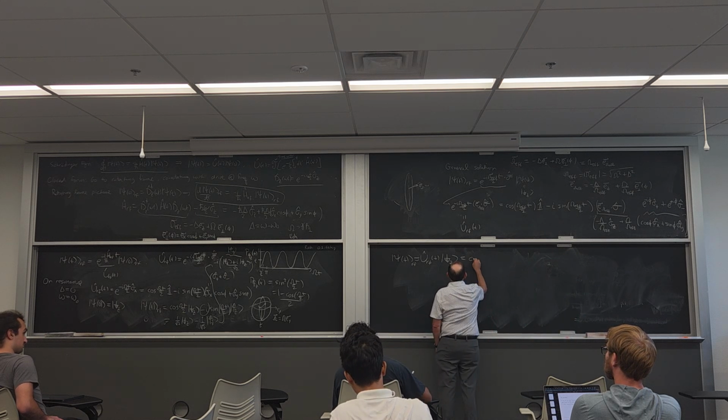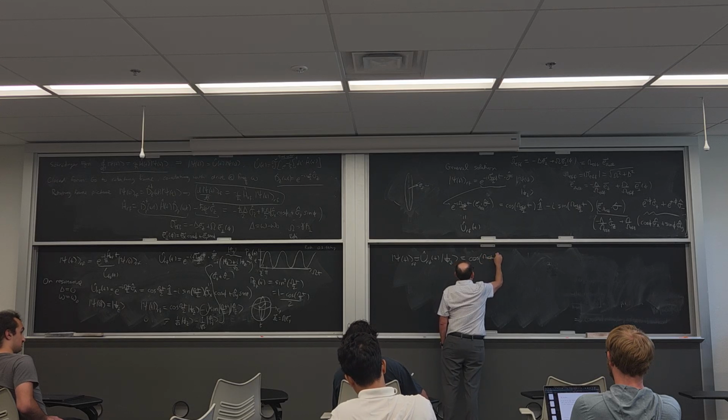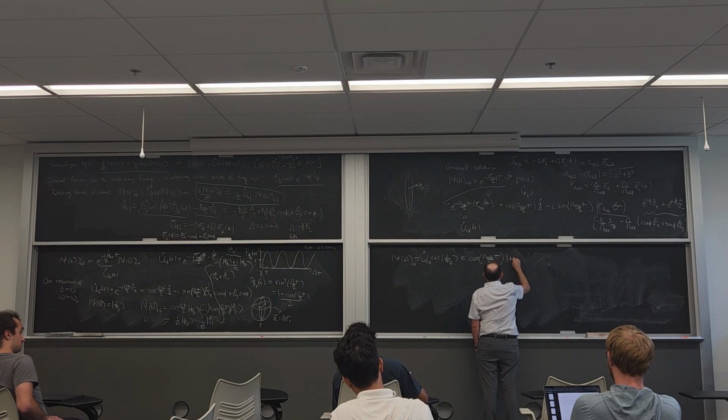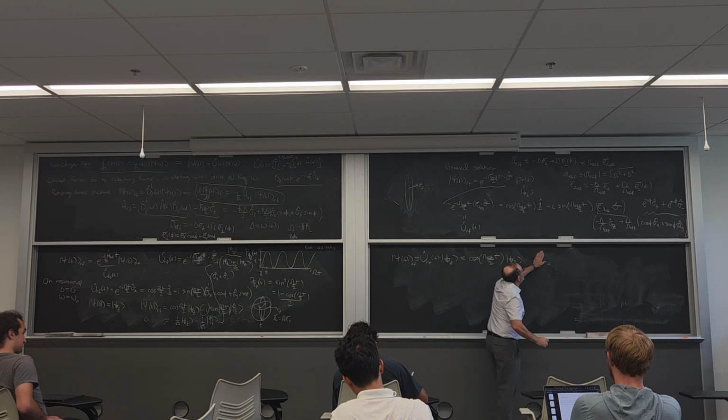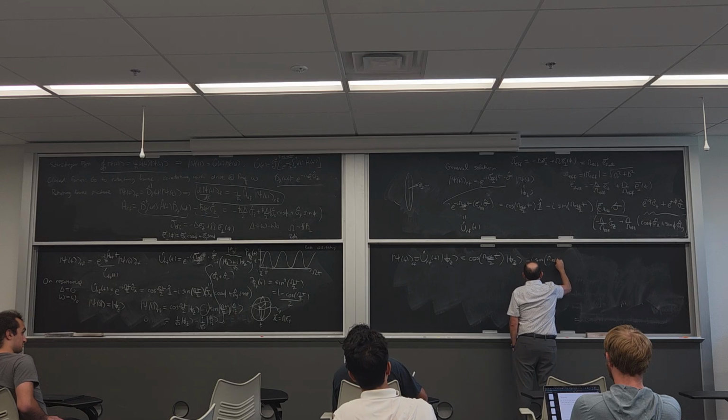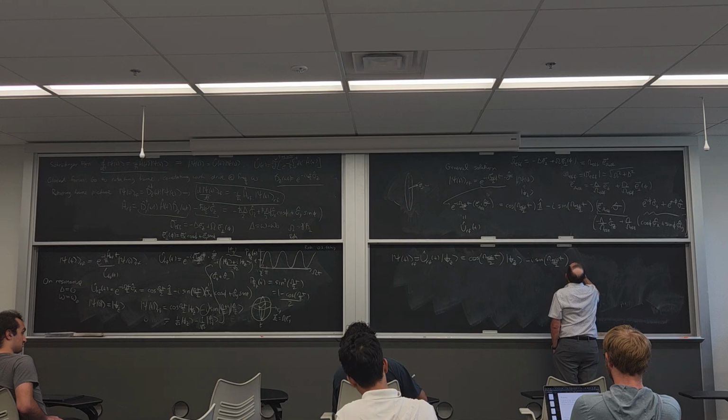We get cosine omega effective t over 2 times spin down, that's the first term, minus I sine omega effective t over 2 times the minus detuning over omega vector.